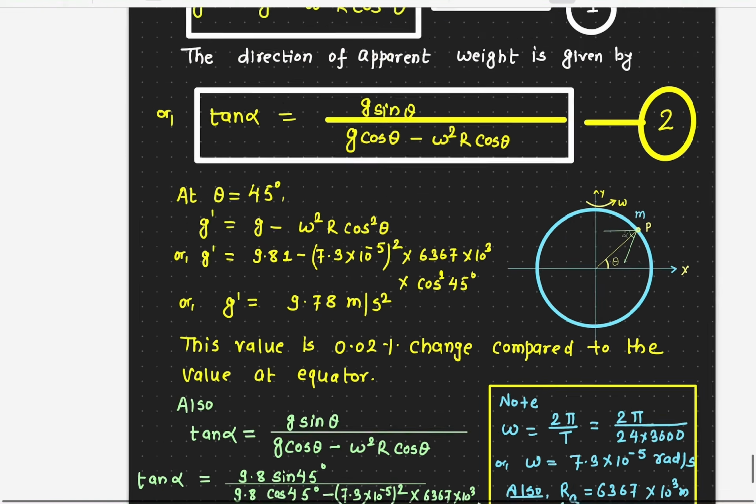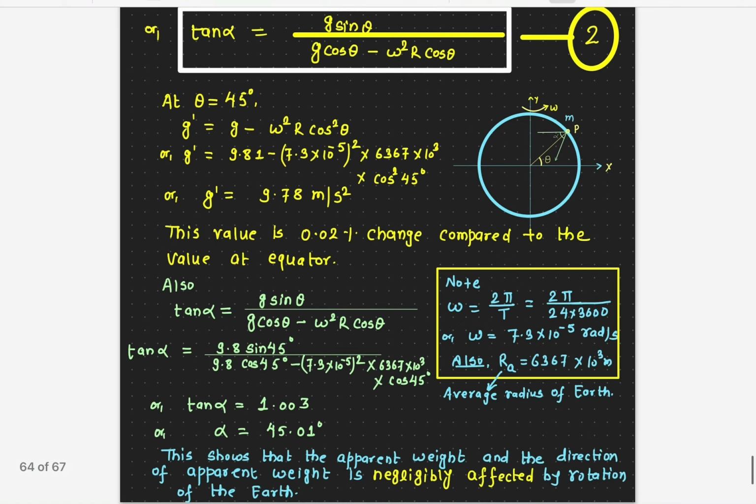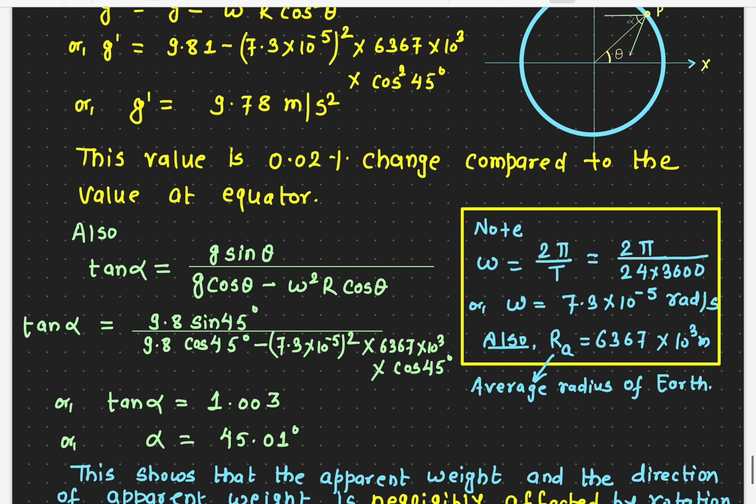And if you compare this value with 9.81, it is only about a 0.02% change compared to the value at the equator. So there is not much effect.